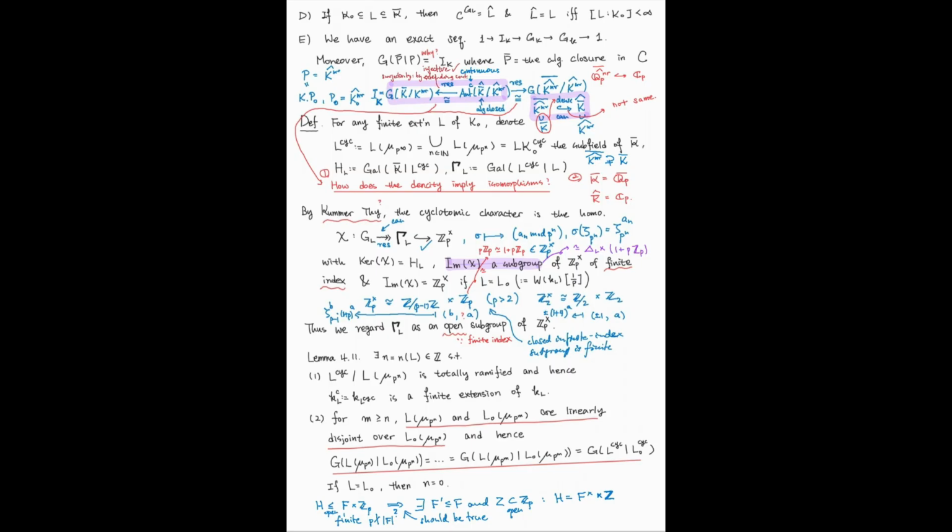And I think in Z_p or Z_p cross, an infinite index closed subgroup is actually the trivial group. Well, maybe not quite, but almost.